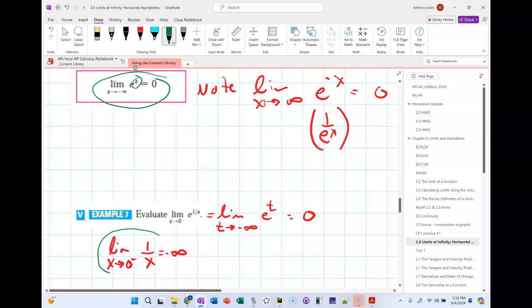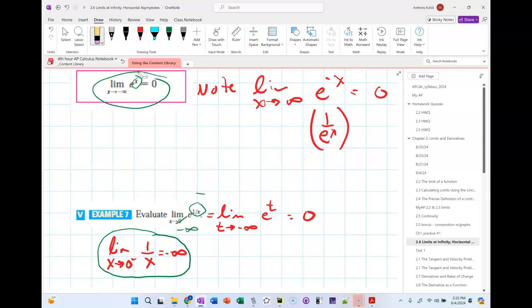So I looked at the limit as x approaches 0 from the left of 1 over x and got that that's negative infinity. So if I replace the 1 over x with a t and change this to going to negative infinity, it's going to be the same thing. If I plug 0 from the left into 1 over x, I get negative infinity up there, right? Or I could just dump it all out of there and put in a new variable and send that variable to negative infinity. It's doing the same thing. You see that?